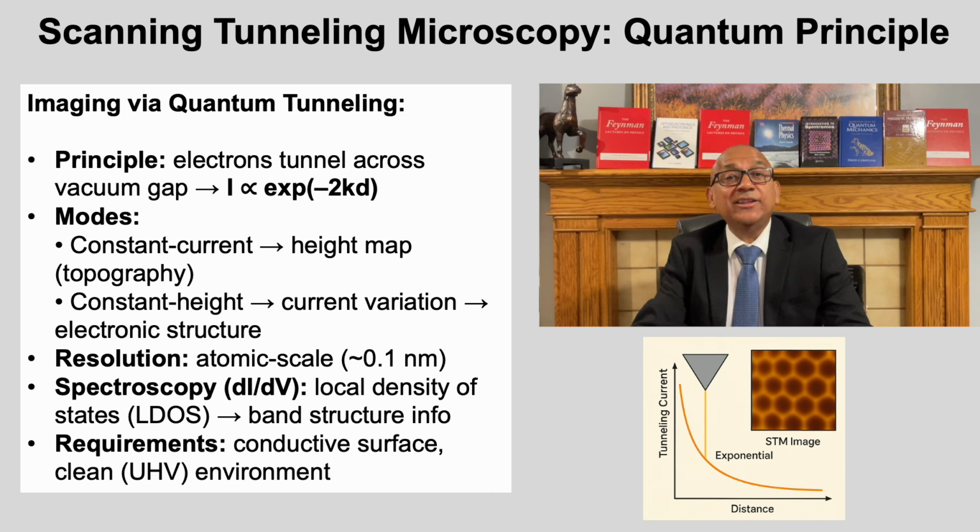Because tunneling current is governed by the local density of electronic states, LDOS, STM provides not only atomic topography but also electronic information. By recording the dI versus dV spectrum, we can map energy-resolved electronic structure, analogous to probing the local band structure of the material.